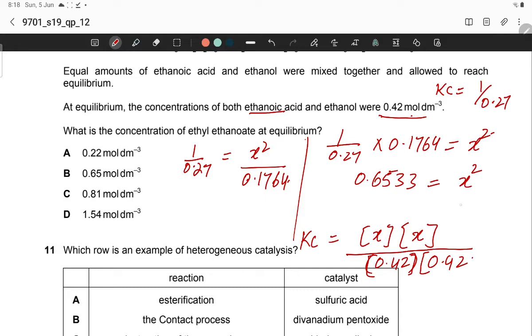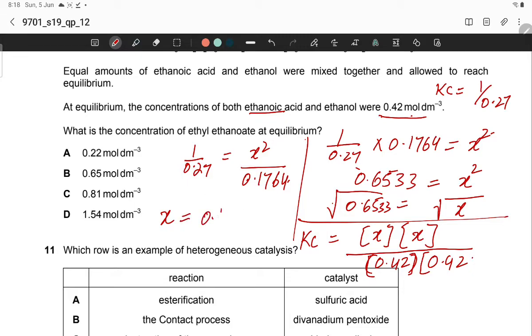By taking under root, x is equal to 0.6533 under root, and x will become equal to 0.81 mole dm inverse cube. So the correct option is C.